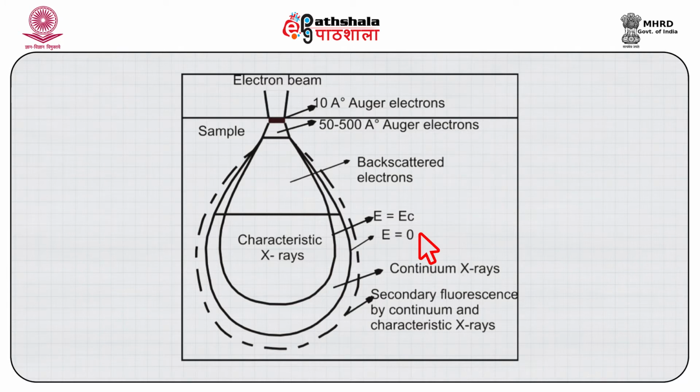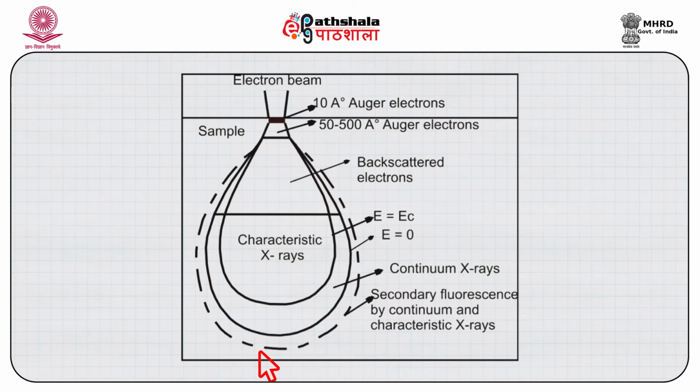The continuum X-rays are produced all through. They start from the upper part, where the incident electron has lost all its energy and is converted to the X-rays, up to the bottom.